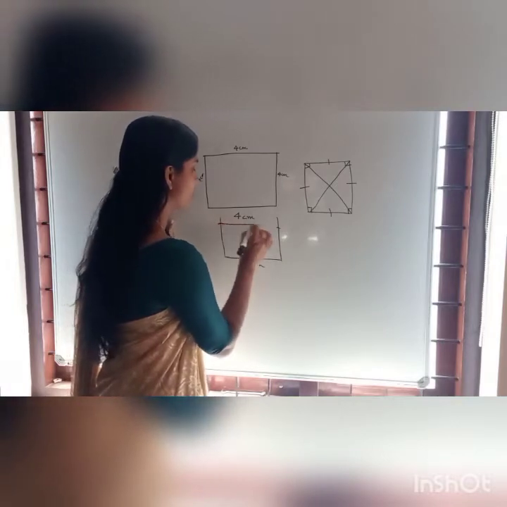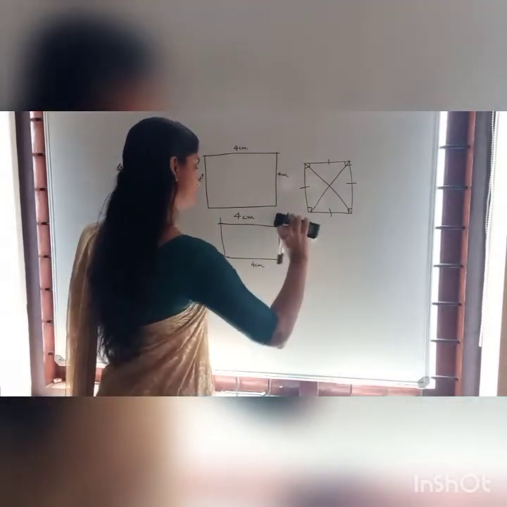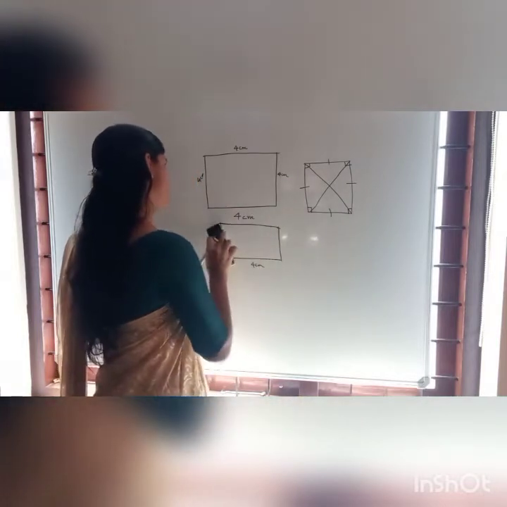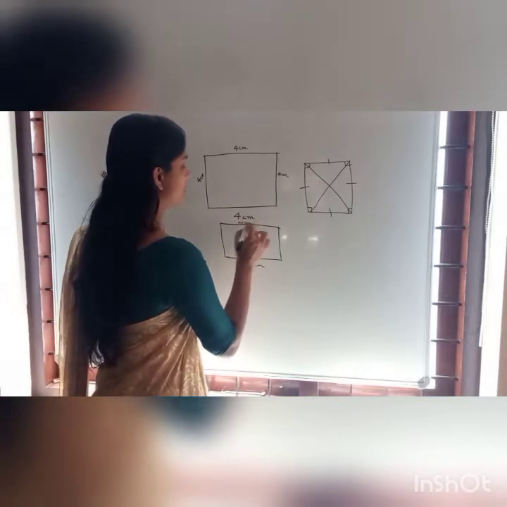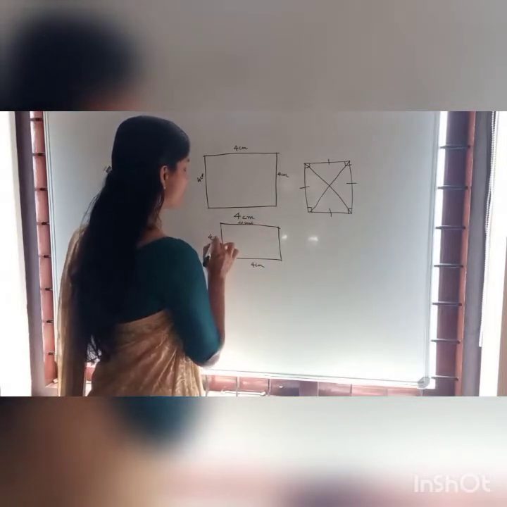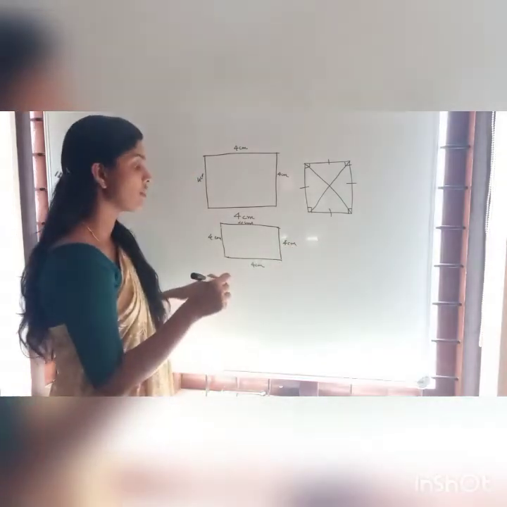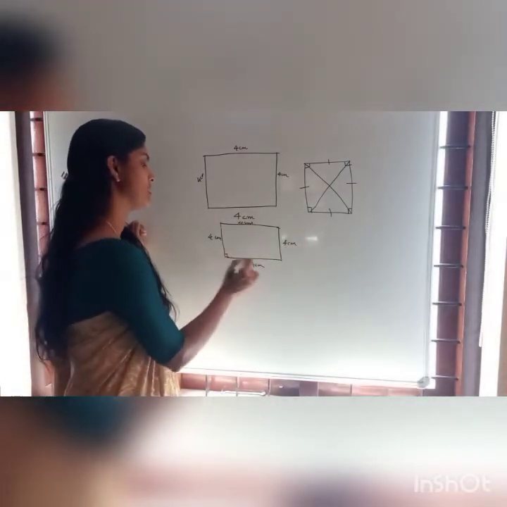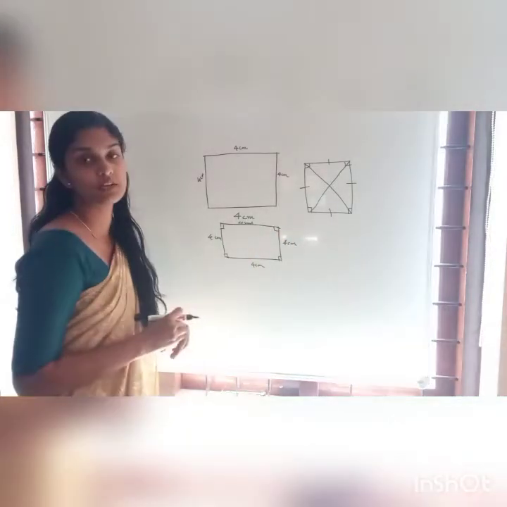Now just join these. What do you get? You will get a square with each side of what measure? They all will be of 4 centimeters. These angles will be of 90 degrees.